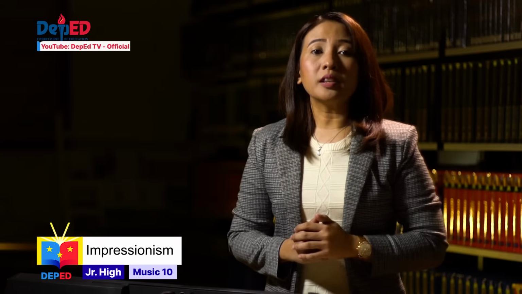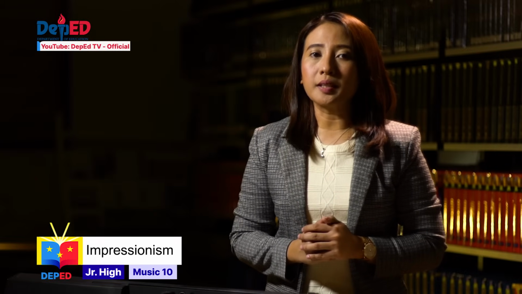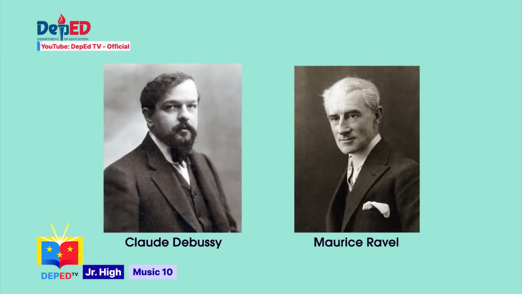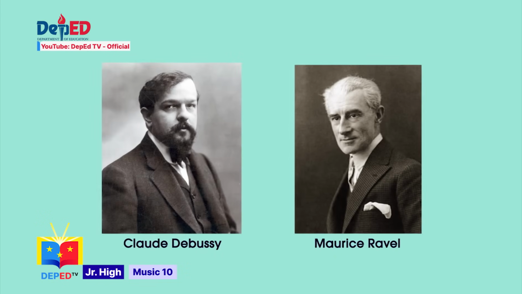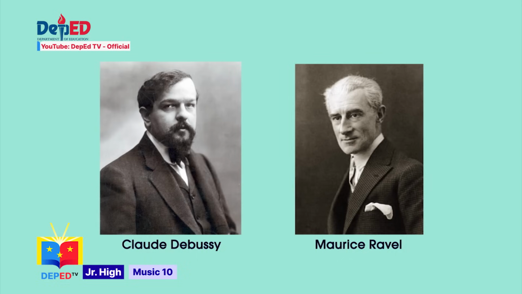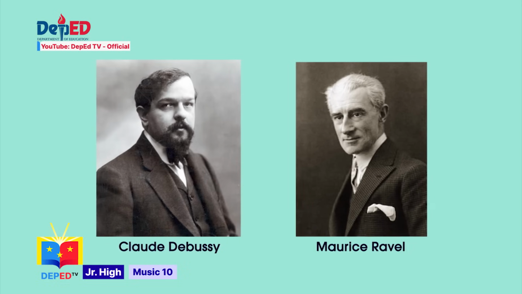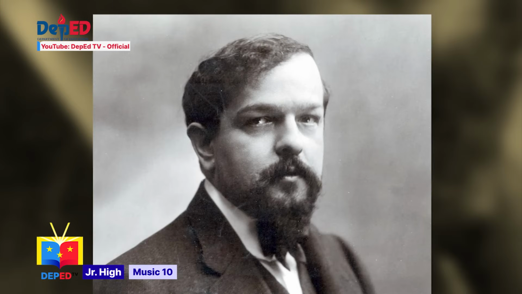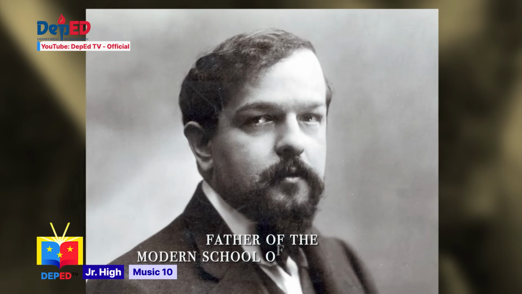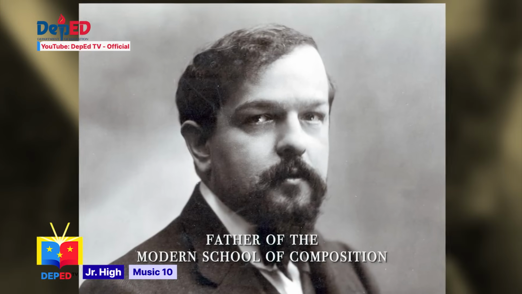Now let's talk about the composers who played key roles in this movement. Claude Debussy and Maurice Ravel were the main men of Impressionist music. They were both French composers during the turn of the 20th century and beyond. Claude Debussy was known as the father of the modern school of composition.